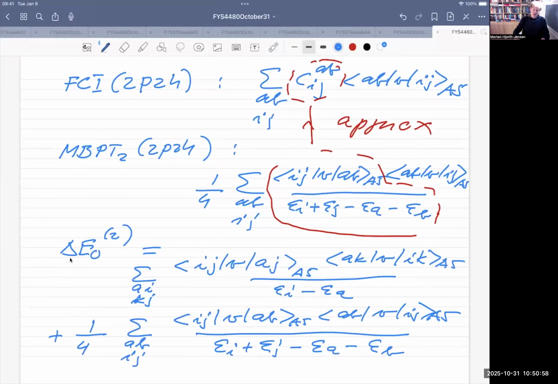So this is actually what we get to second order. And then we have made the interpretation and the links between full configuration interaction theory and many-body perturbation theory. And what we have emphasized is that many-body perturbation theory allows you to calculate these unknown coefficients order by order with only known quantities.